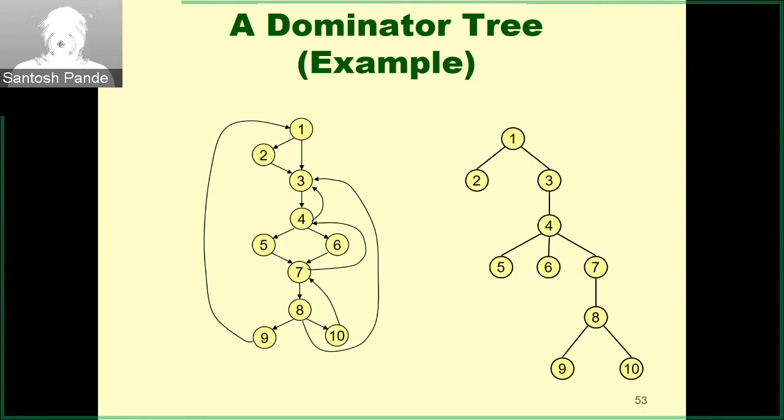So if you just look at this region here, just 1 and 2 and 3, you can see that 1 dominates 2 and 3. Of course, 2 does not dominate 3.